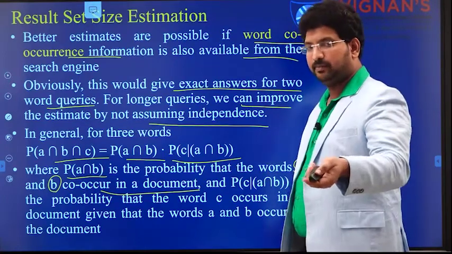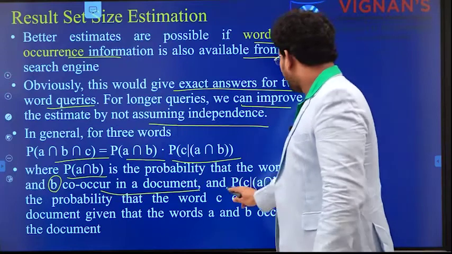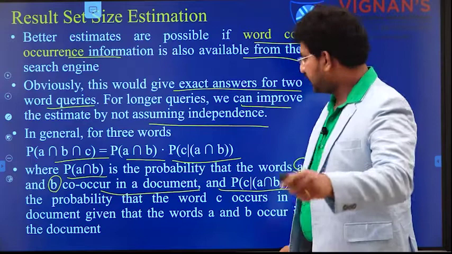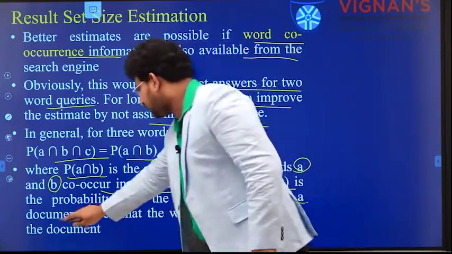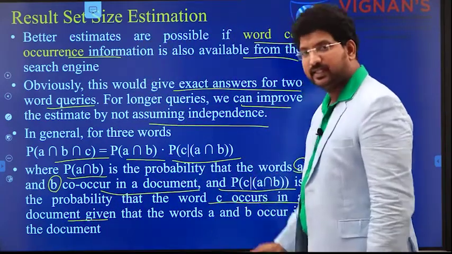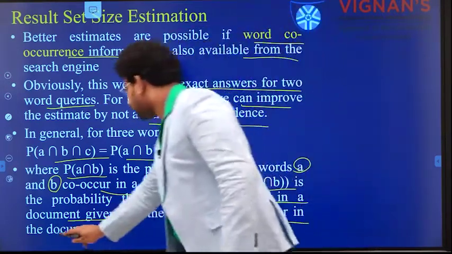So for example, tropical and fish occur in a document, and P of C given A intersection B is the probability that the word C occurs in a document given that the words A and B occur in the document, right?